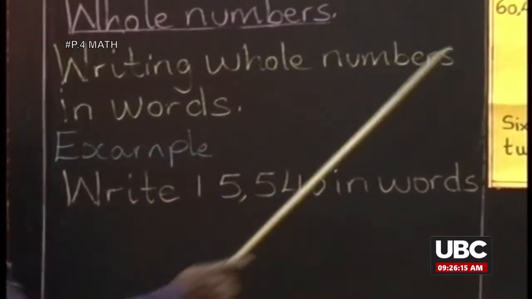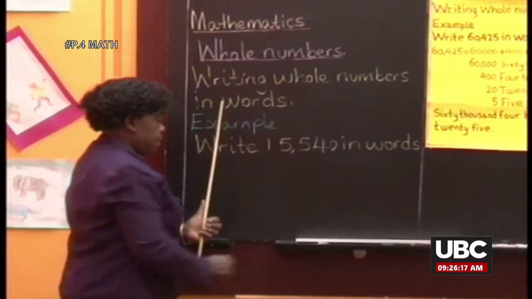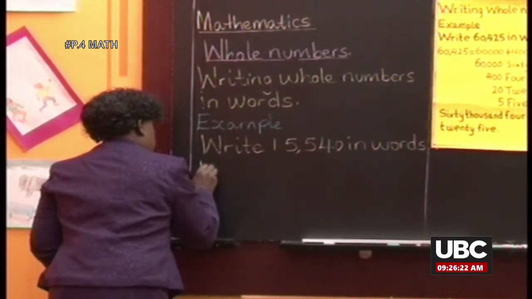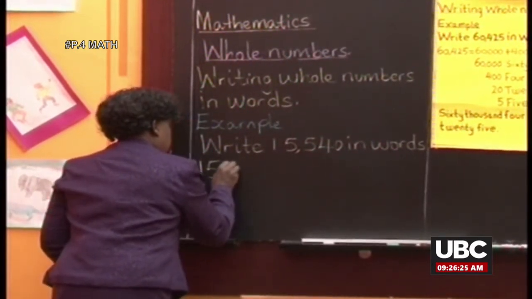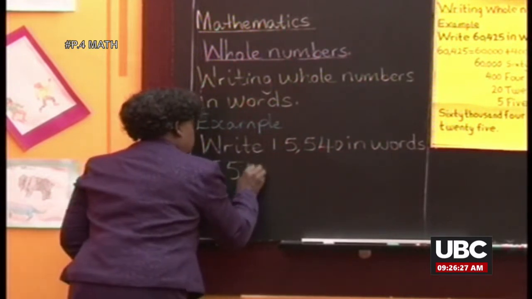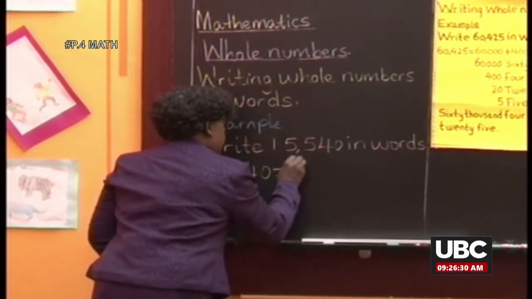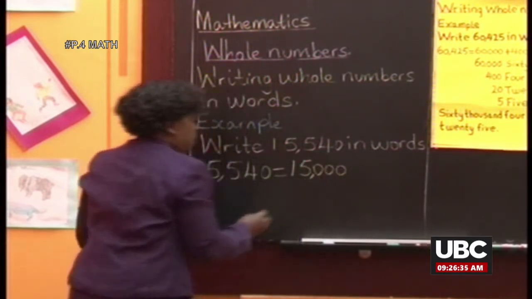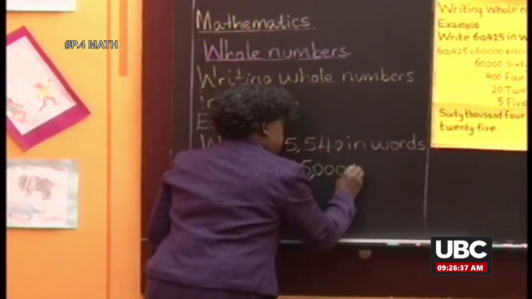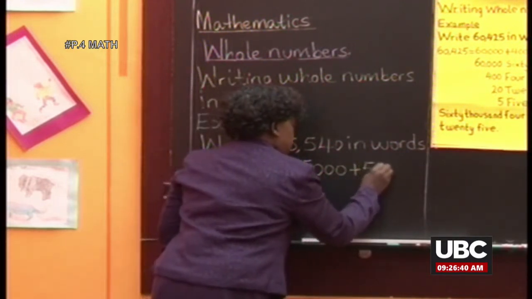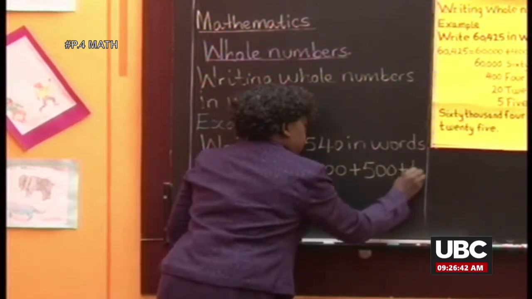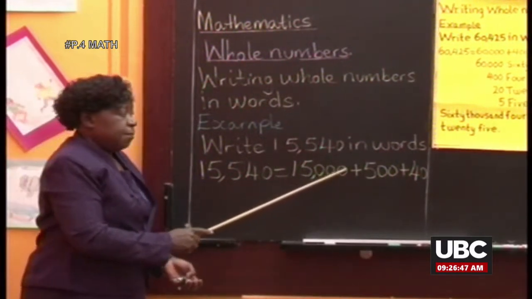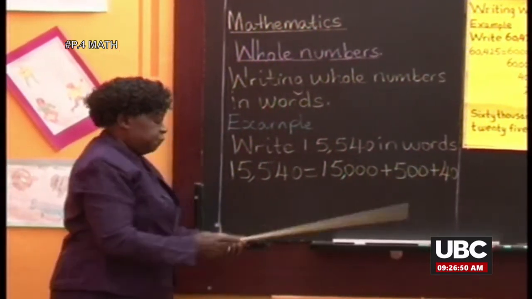First, write the number in expanded form. So we have 15,000 plus 500 plus 40.